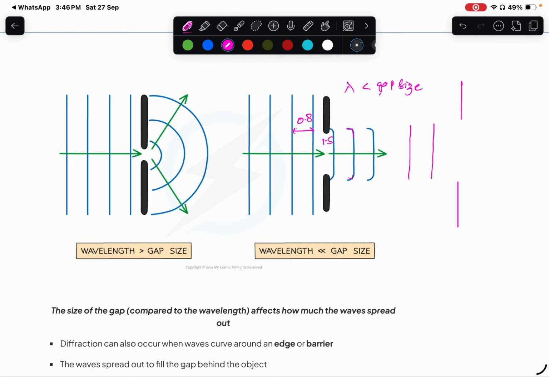You may see those wavefronts going straight without showing any spreading. In that case, this wavelength is very much smaller than the gap size.